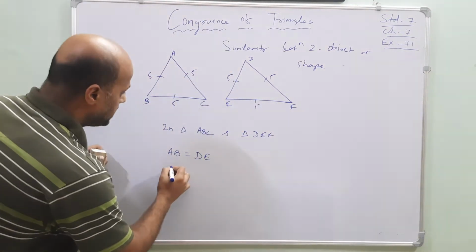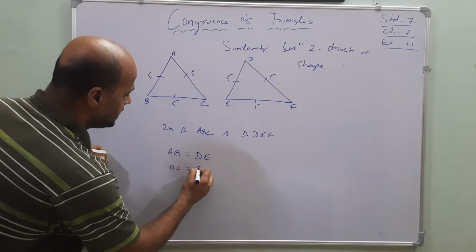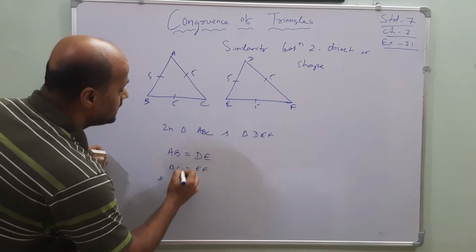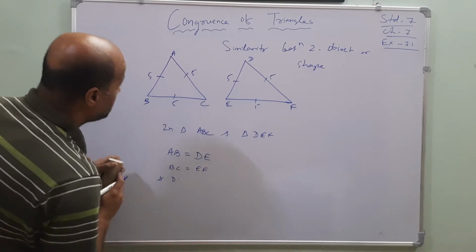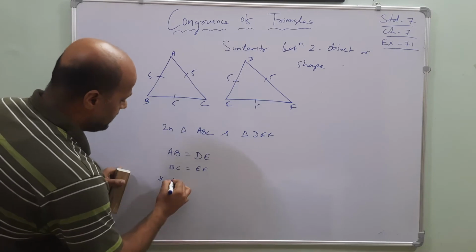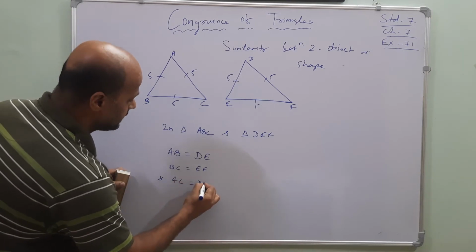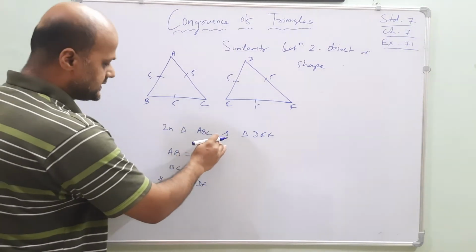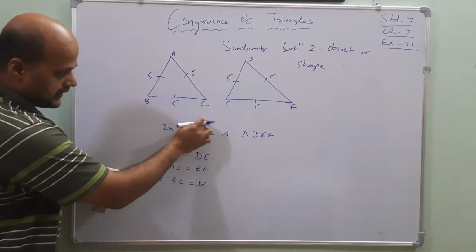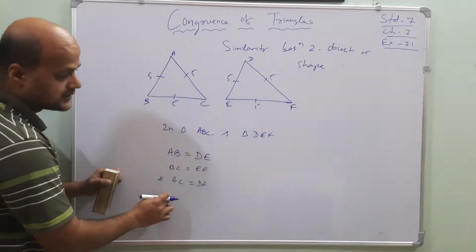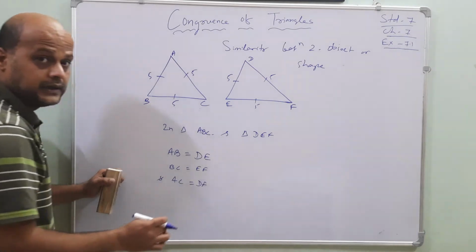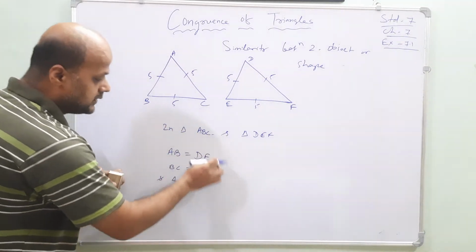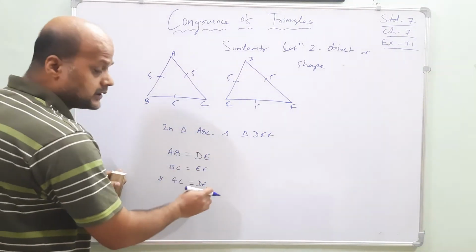And BC is equal to EF, and AC is equal to DF. Remember, my dear friends, triangle ABC is given in the first row, so its properties will be written on the left hand side, and triangle DEF's properties on the right hand side.